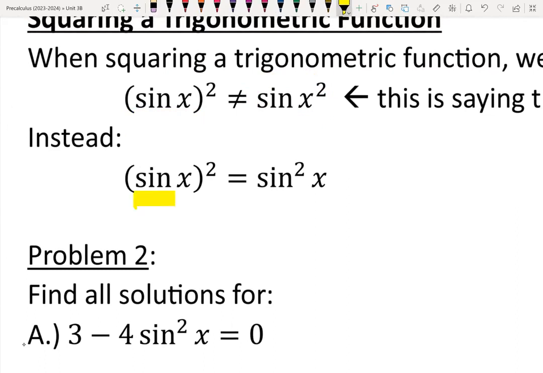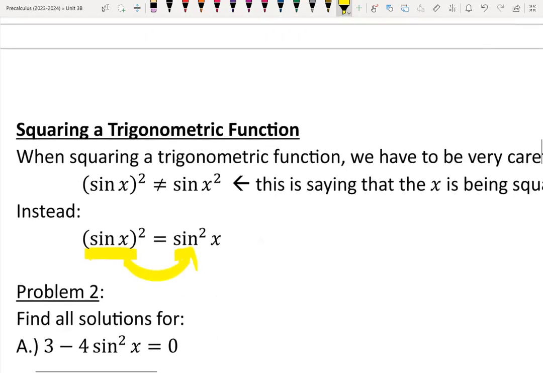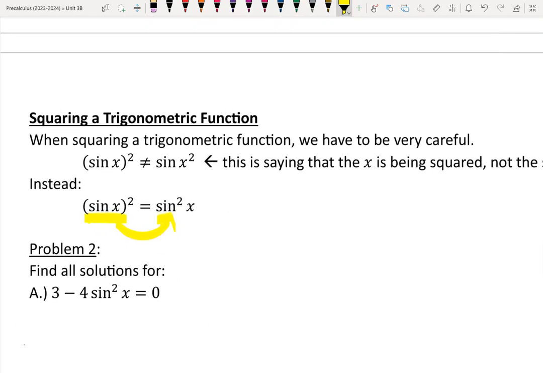Instead, if I'm going to be squaring sine, this is the way that we want to write it. I want to just talk about this a little bit up here. I'd recommend writing this. So if I write sine of x squared, and I put the square after my x, this is actually equal to sine of x times x.